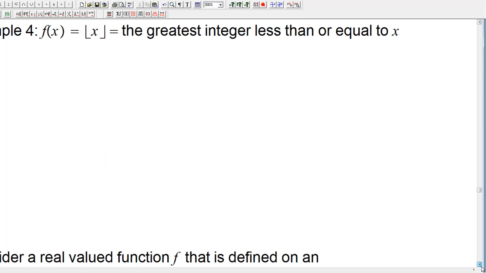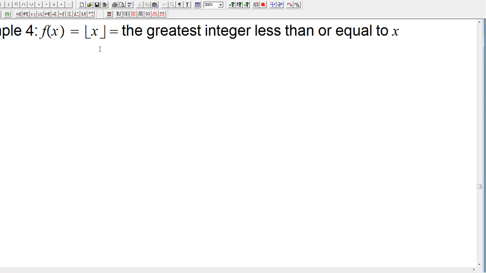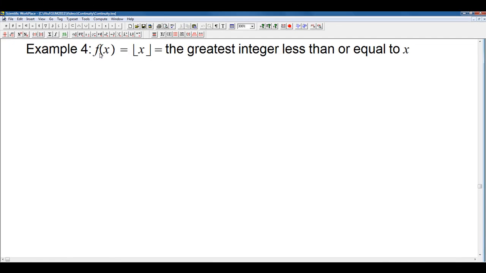Then let's look at this function that we discussed, the greatest integer value function, which is defined by this expression. What we mean is this: if you look at 0.7, then this is the greatest integer less than or equal to 0.7, which is going to be 0. If you type in 1.7, then the value is going to be 1.